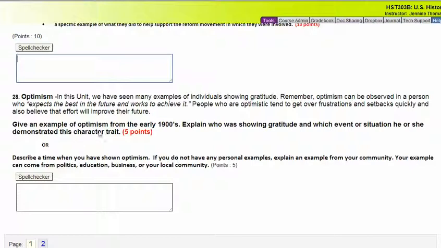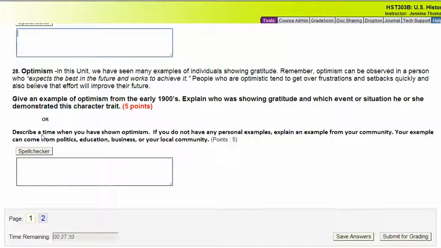Give an example of optimism from the early 1900s, explain who was showing optimism and which event or situation he or she demonstrated this character trait. Or you can describe a time when you have shown optimism. If you do not have any personal examples, explain an example from your community. Your example can come from politics, education, business, or the community.